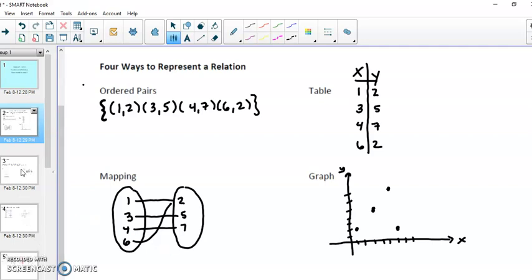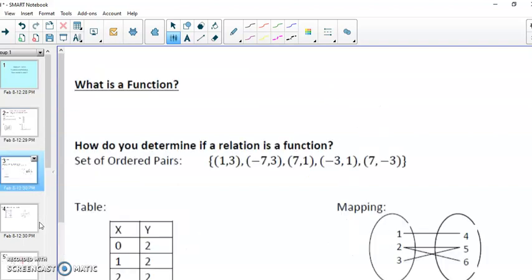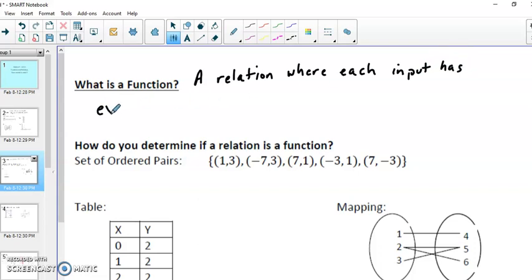We're going to move on to functions. What is a function? Well, it's a special kind of relation where each input has exactly one output.